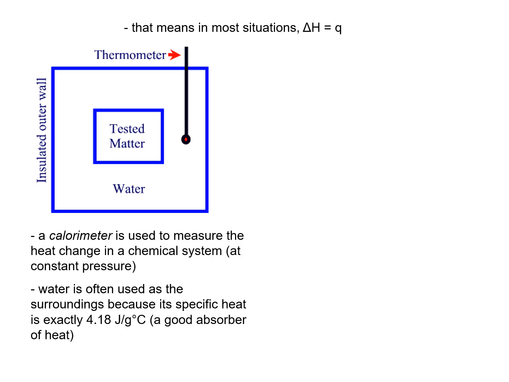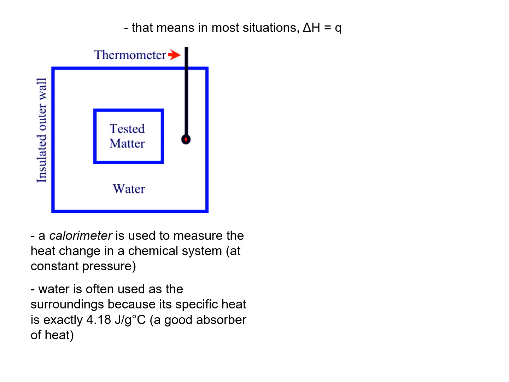So you have an insulated container, and a lot of times we're going to put water inside of it. Now, why would we put water in there? Well, first of all, water is a really good absorber of heat. We saw the heat capacity of water was pretty high. And second, we know exactly what the specific heat capacity of water is. It's 4.18 joules per gram degree Celsius, or as we learned earlier, 1 calorie per gram degree Celsius.